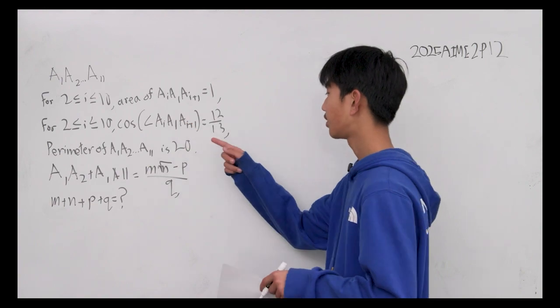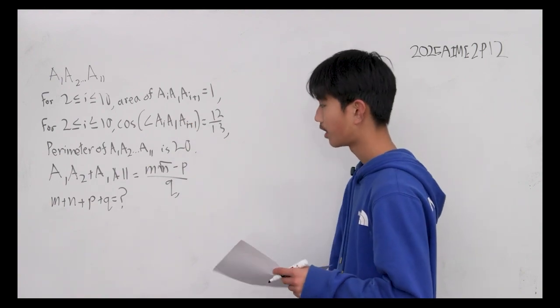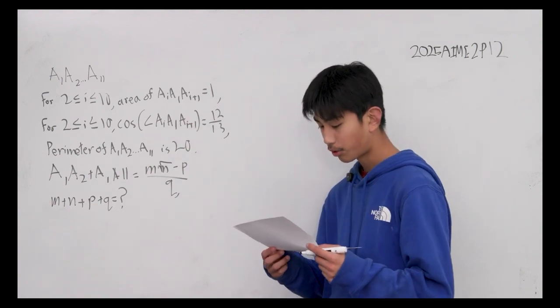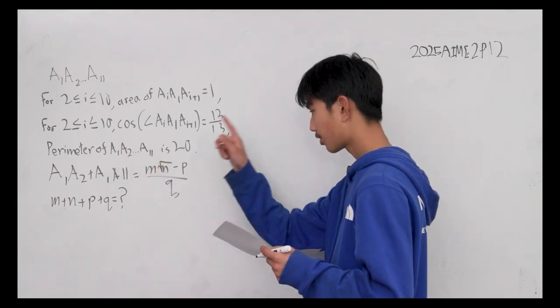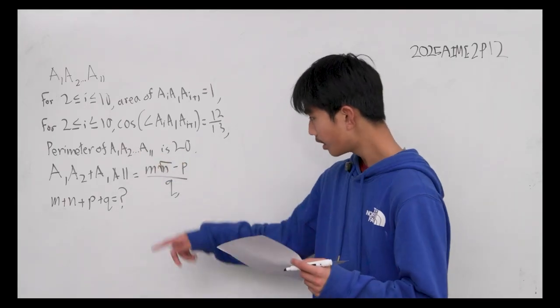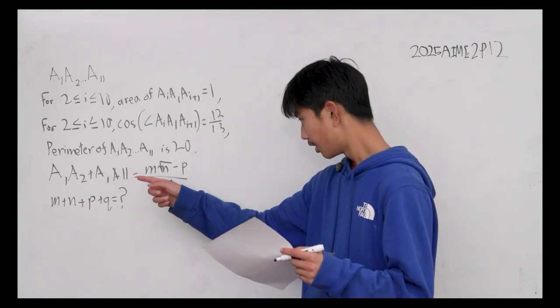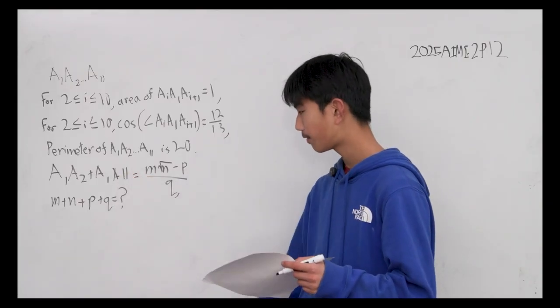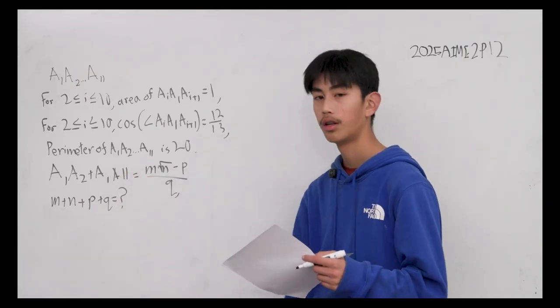For every integer I greater than or equal to 2 and less than or equal to 10, the cosine of this angle is equal to 12 over 13, and we know that the perimeter of this 11-gon is always 20. And this sum here simplifies to this, and we want to solve this right here.